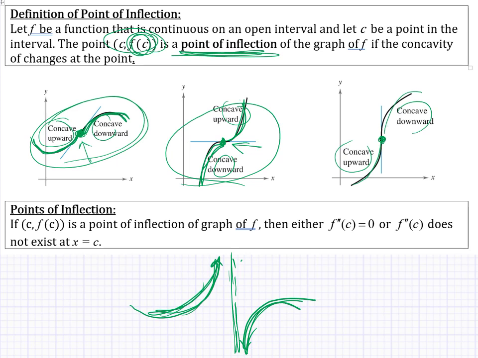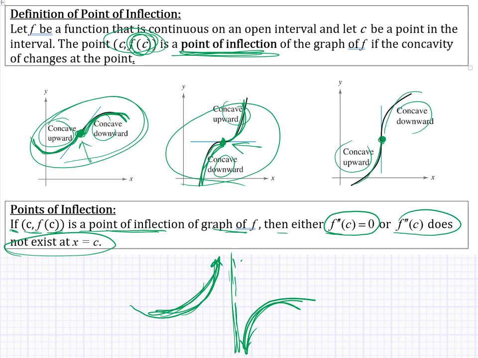Where are these points of inflection going to exist? If (c, f(c)) is a point of inflection on the graph, then that means that the second derivative was 0 or the second derivative didn't exist.